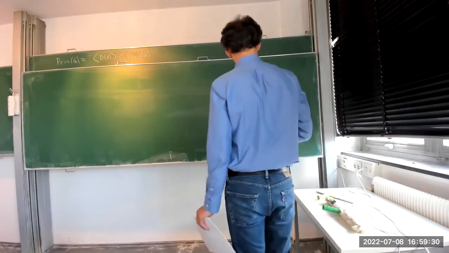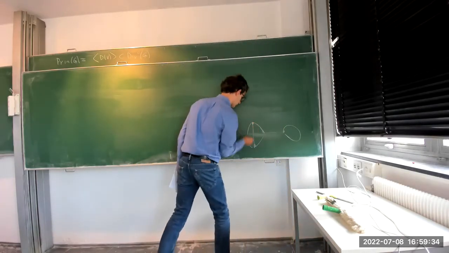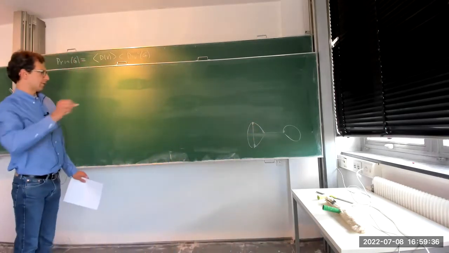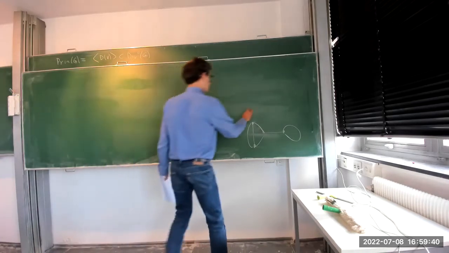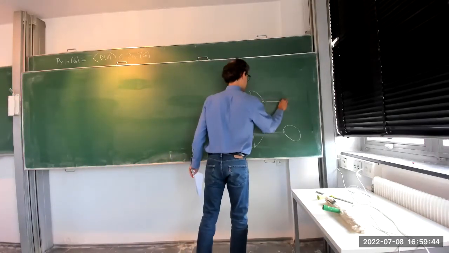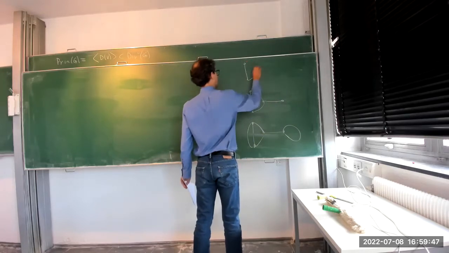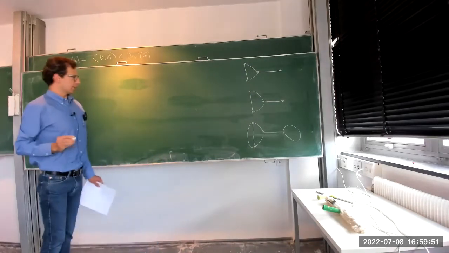So here's what I'm going to do. I'm going to take the interior part without the loop and without this edge on the end, and I'm going to just take 2 copies of it like that. But then I'm going to reconnect them a little differently.